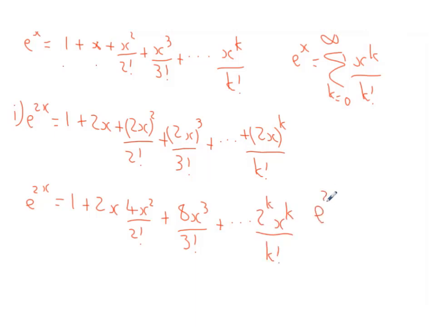So e to the 2x is going to be the sum from k equals 0 to infinity of 2 to the k x to the k over k factorial.